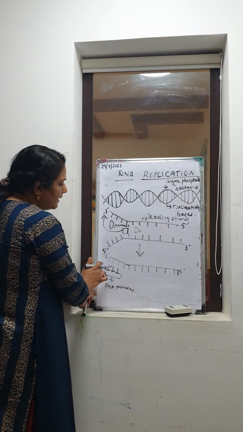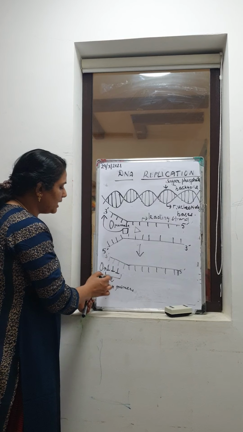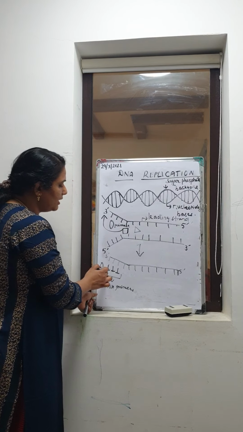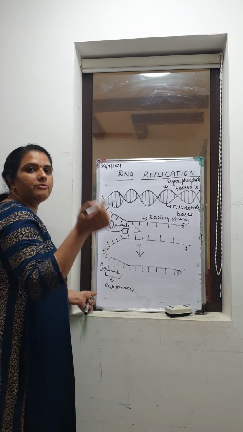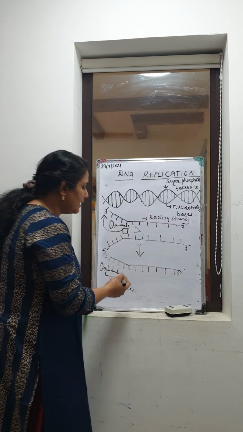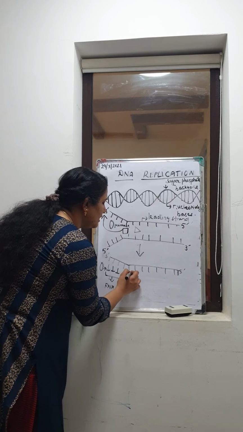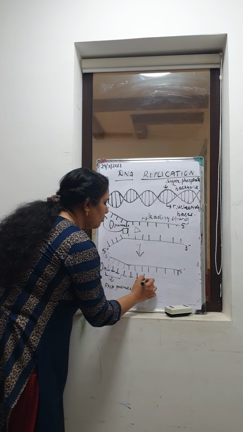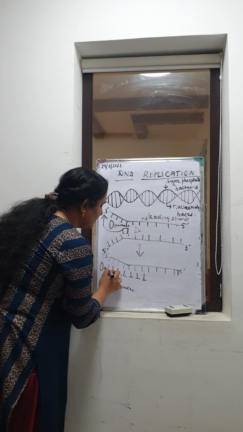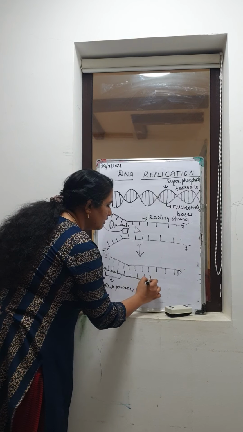It cannot identify this. So to help the DNA polymerase, the primase will act first and give RNA primers. After the RNA primers are in place, DNA polymerase will add the complementary base pairs. You can see here the complementary base pairs are added like this and then the new strand is formed. You understood?